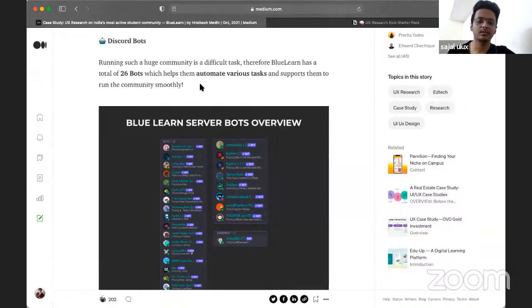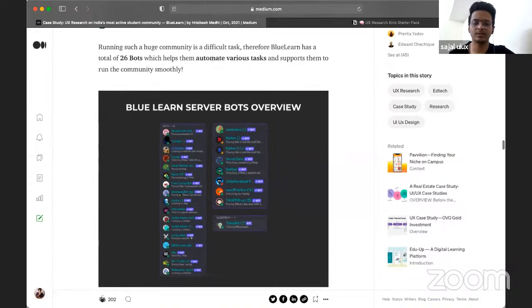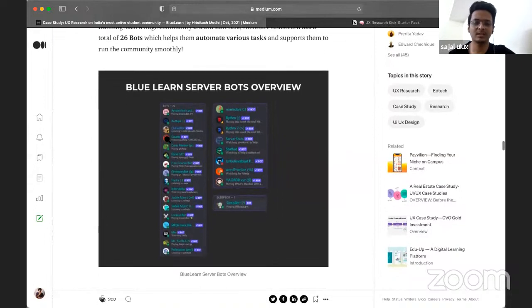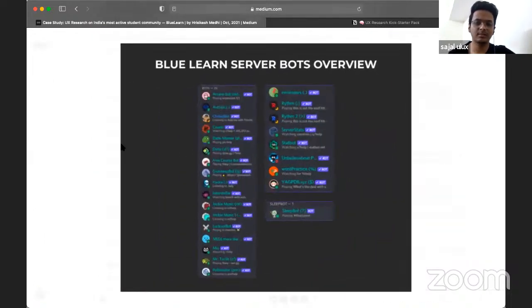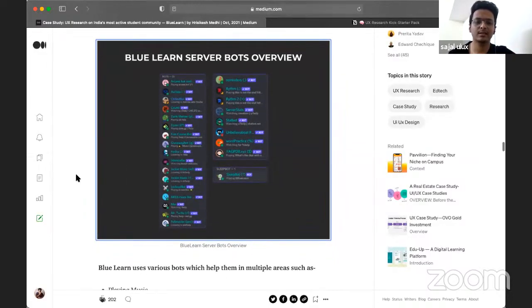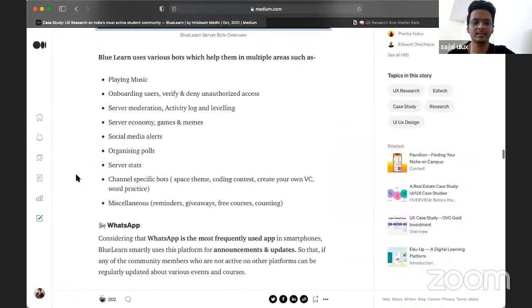Next, we also figured out that managing a huge community on Discord of around 40,000 people is a huge task in itself. So BlueLearn essentially has moderators and bots to ensure a smooth flow of the community. We studied these bots and categorized them into generic categories, which is roughly playing music, server moderation, social media alerts.